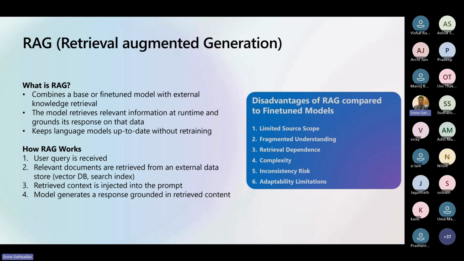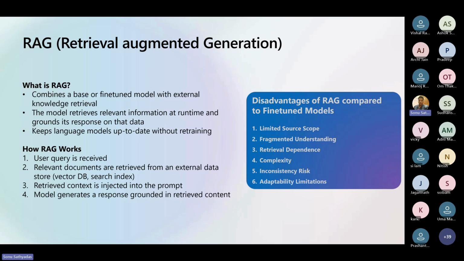And what it does, the model retrieves the relevant information at runtime and grounds its response on that data. Means instead of hard coding the data along with the prompt, it will dynamically, means at runtime, go and search the database, find the matching answers, and then generate the final response based on that.